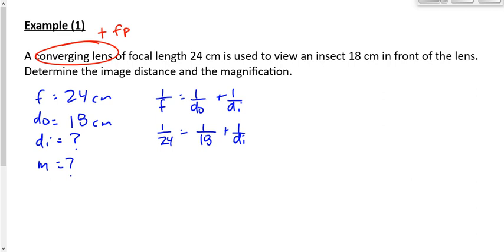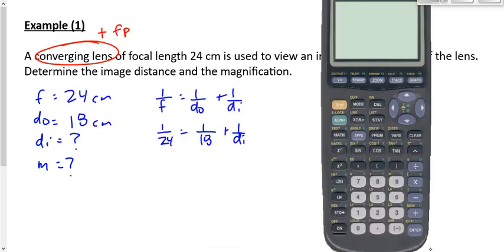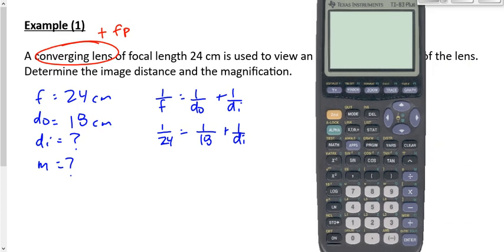Take your calculator. Everybody do this with me, okay? Take your calculator and do this. Repeat after me. Let's say 24 x to the minus 1. You don't actually physically have to repeat after me, but with your fingers, repeat after me. 24 x to the minus 1, which is 1 over 24.